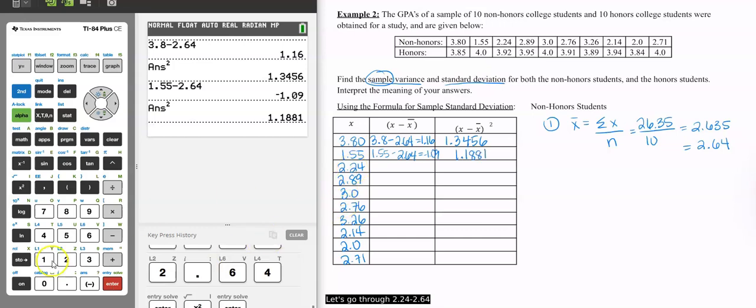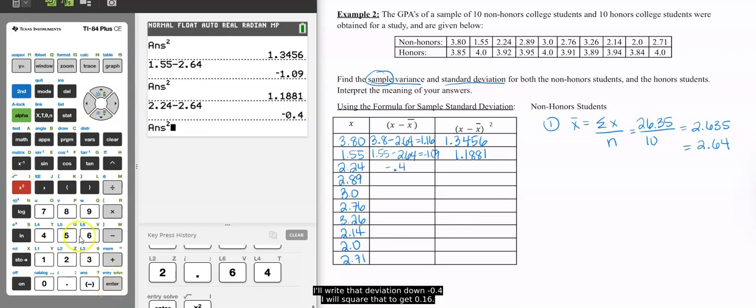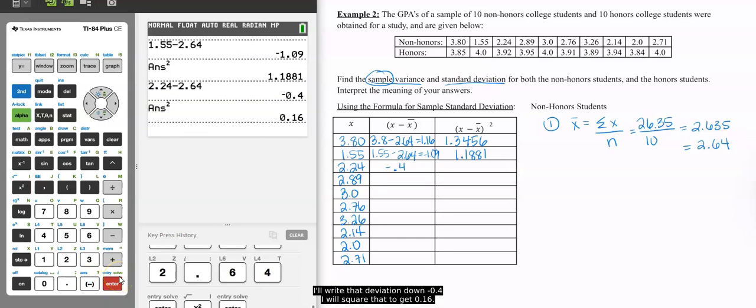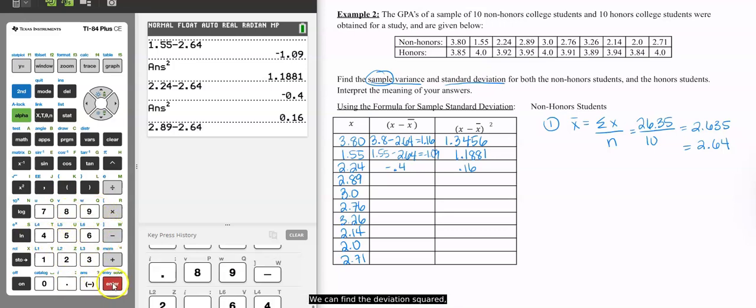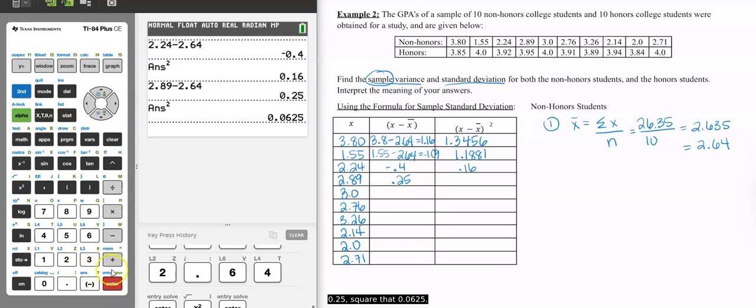And so let's go through. 2.24 minus 2.64. And I'll write that deviation down, negative 0.4. I will square that to get 0.16. And so we're just going to do this again for each of the different pieces of data that I have so we can find the deviation squared. 0.25, square that. 0.625.